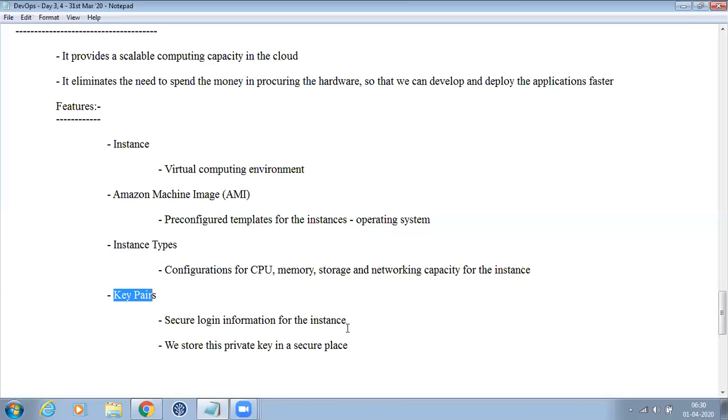So in layman language, if you want to understand, it's like our password. So always when you're trying to connect to that remote server or machine, we should always give this key pair for sure. Otherwise, it will not allow you to log in. If you're trying to log in from some other computer to the remote server, then what we have to do?